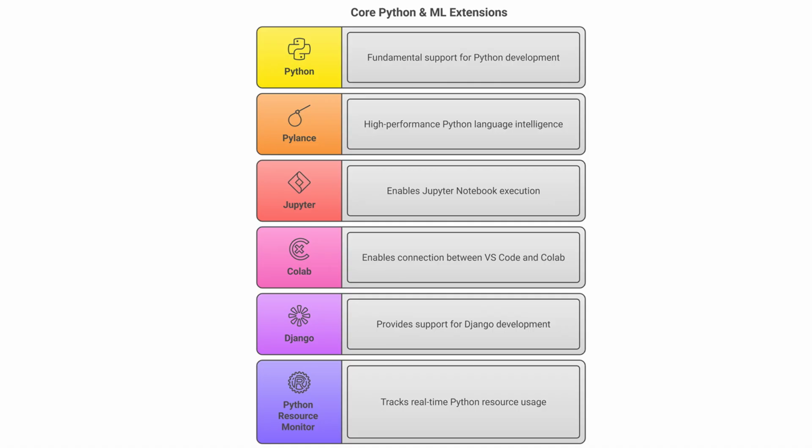Colab: enables seamless connection and syncing between VS Code and Google Colab for cloud-based notebook execution. Django: provides rich support for Django development, including syntax assistance, project scaffolding, and framework-specific debugging tools. Python Resource Monitor tracks and displays real-time Python CPU, memory, and process usage directly inside VS Code to help optimize performance.